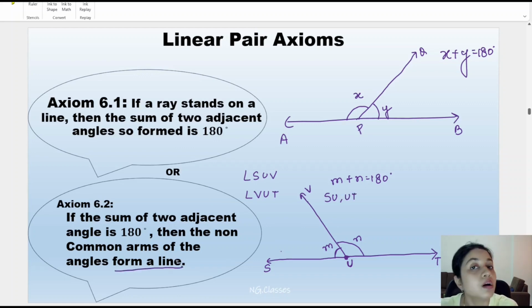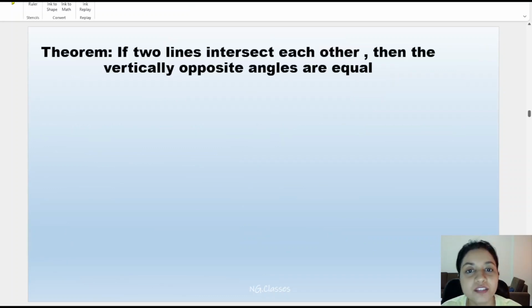It will form a straight line. When the sum of the angles is 180 degrees, then the non-common arms will form a straight line. These two axioms together are known as linear pair axioms because both are related to a straight line, that means linear pair of angles.